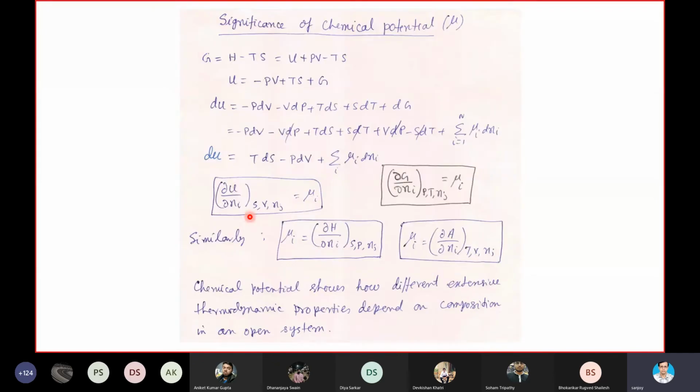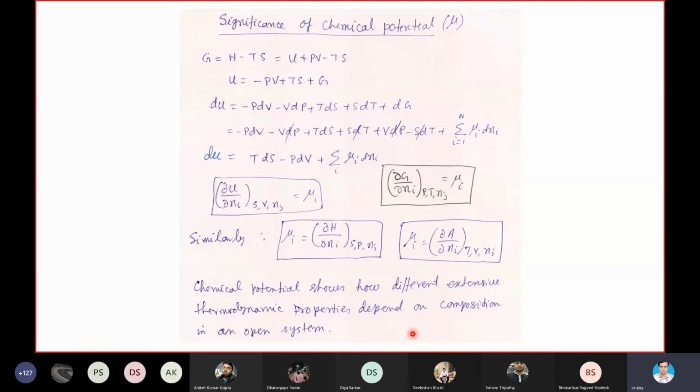Then we showed that chemical potential is a function which can be measured by measuring the change of any of the thermodynamic variables, any of the extensive properties. You only have to apply the appropriate conditions, and you can show that very easily. This is the most common expression of chemical potential that we know, but it can be written in terms of other extensive properties also.